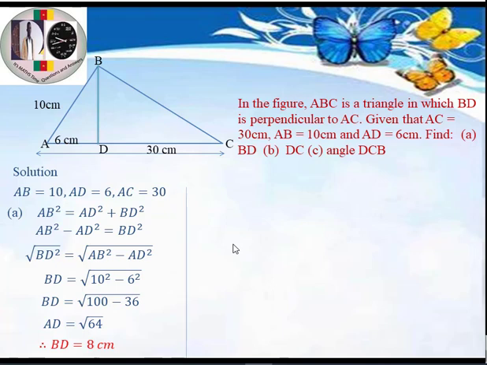So for question B, we should look for DC, the length from D to C. But we know the length from A to C, and we know the length from A to D. So the length from D to C will be AC minus this other length AD.